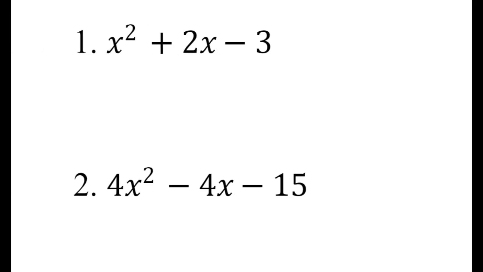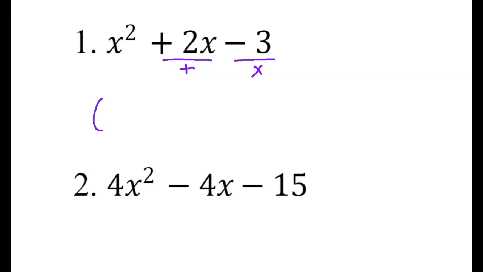So over here in number one, we want two numbers that multiply to give us the last c term, but add to give us the b term. What two numbers multiply to give us negative 3, but also add to give us 2?